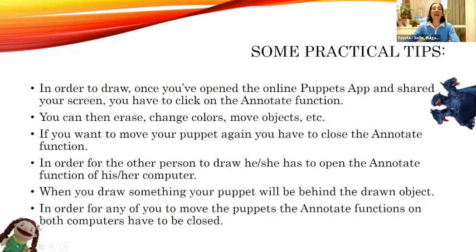So, in order to draw, you first have to have the online Puppets app open and to share your screen. But then you have to click on the annotate function.